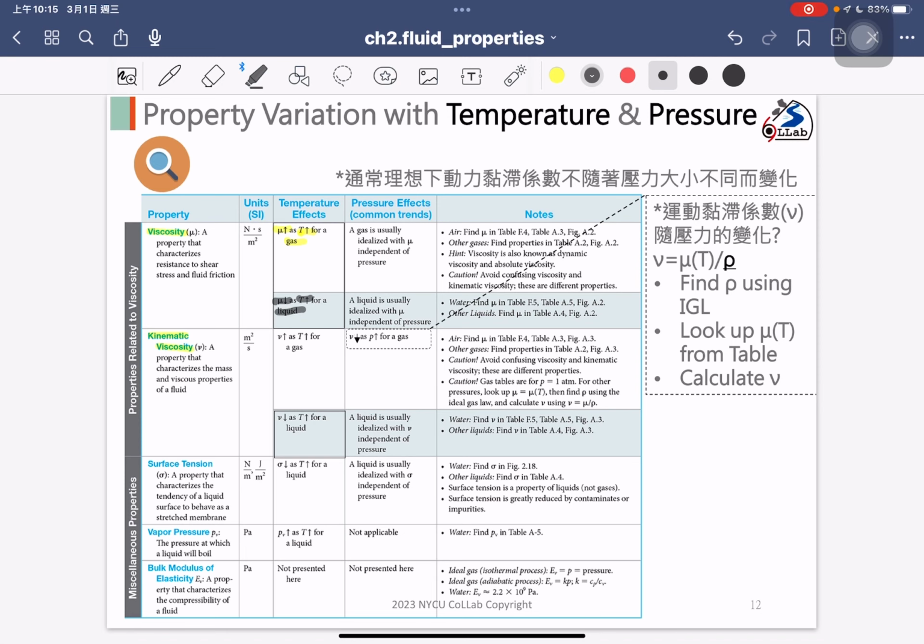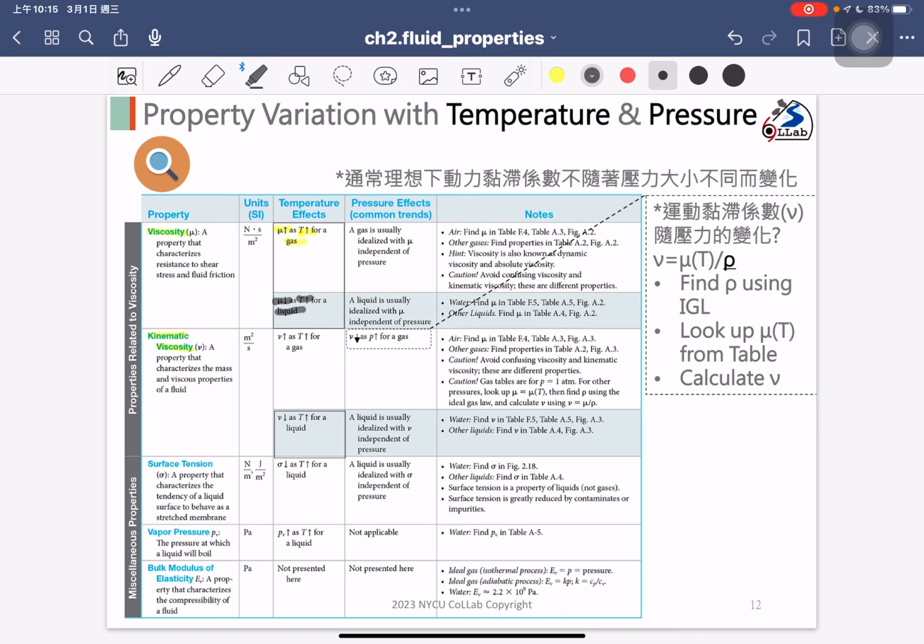So if you provide additional energy, it will break the connections between two molecules. So for the liquid, if you increase the temperature, the additional energy will break the connection between two molecules. So that's why the viscosity will decrease. Okay, so it's a totally different trend.